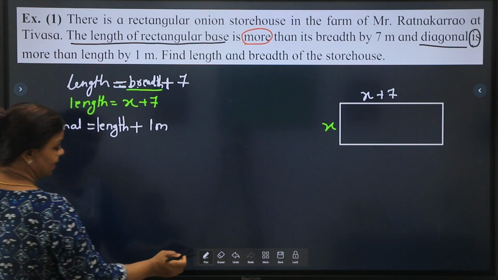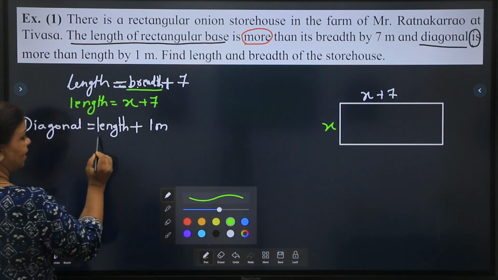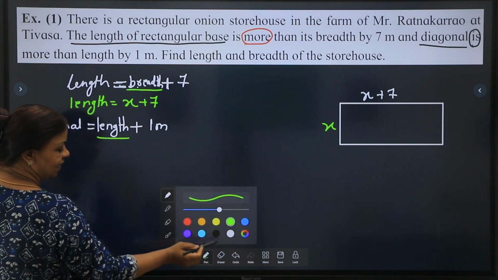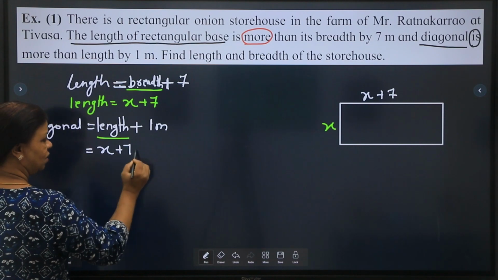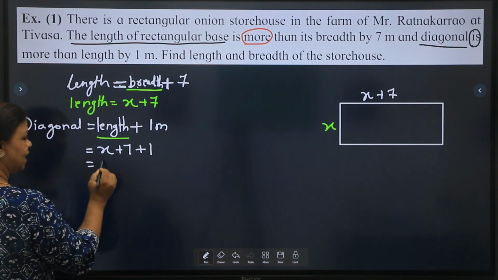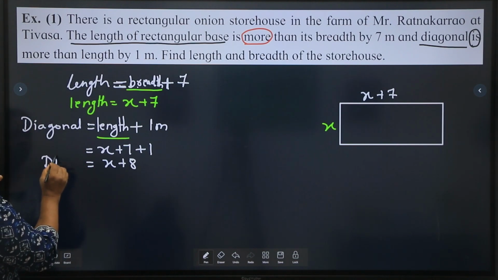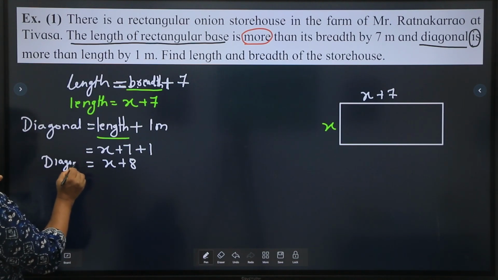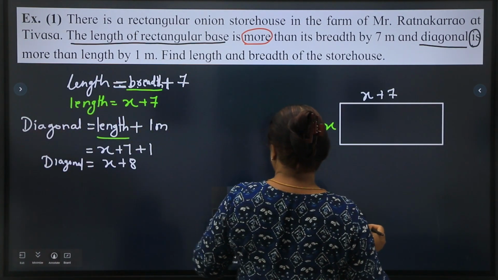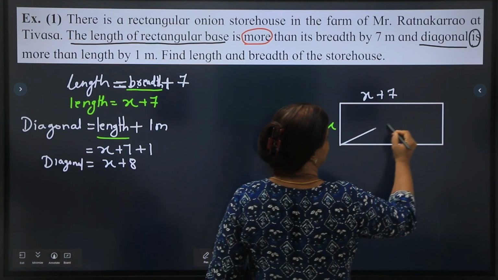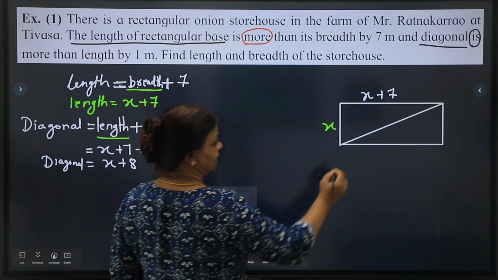So what is the diagonal we are getting now? We know its length is x plus 7. In place of length I will be writing x plus 7, so x plus 7 plus 1. So the diagonal is x plus 8. And what is the diagonal in this figure? This is the diagonal, and we got it as x plus 8.